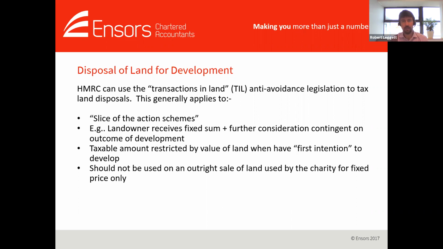So if a developer is developing the land, but you are benefiting from that profit, not as a fixed price that they will pay you £2 million for your land, but if somehow you're benefiting from the development itself, i.e. you get a proportion of their profit, or you get paid per dwelling, etc., then part of this can become liable to tax as trading income. And so if you're selling land, if it's anything other than a straight disposal for a fixed sum, again, something I think that you need to take advice on.